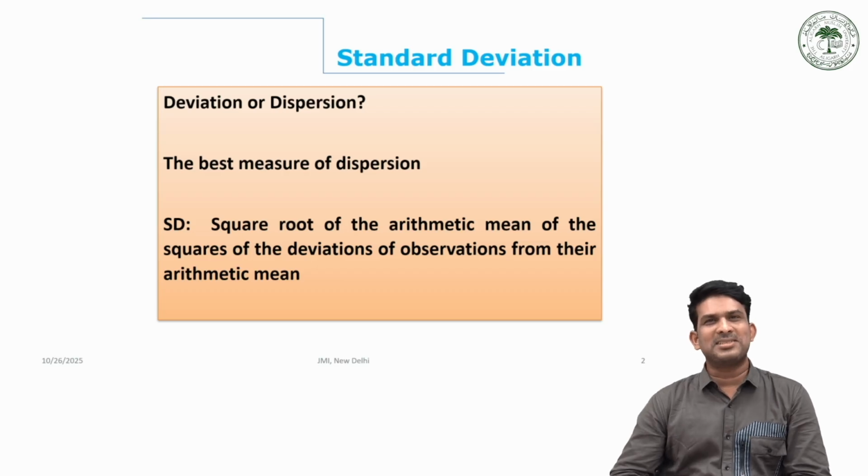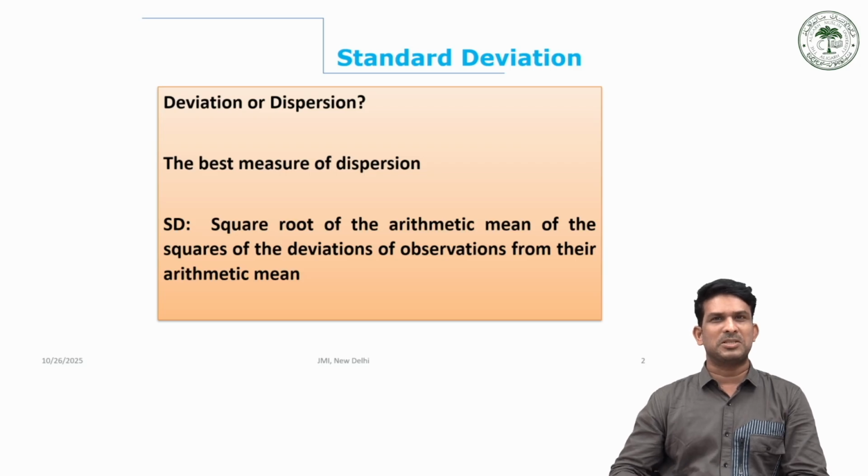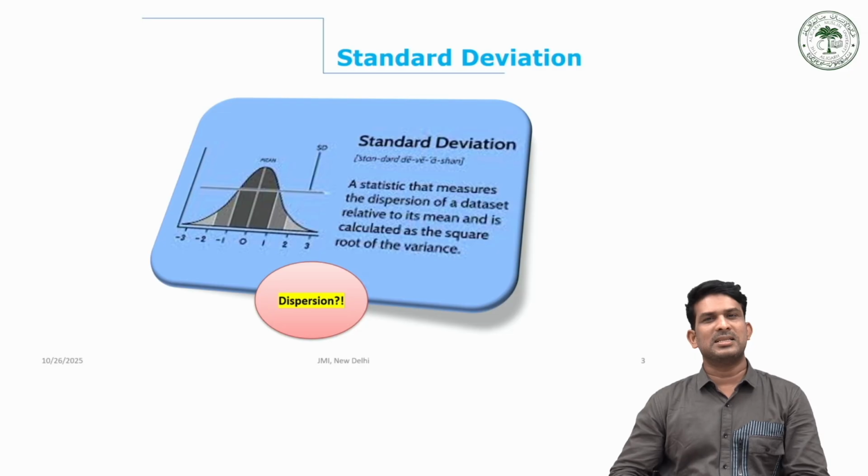How do we define standard deviation? It's a layman's definition: square root of arithmetic mean of squares of deviations of observations from their arithmetic mean. It's very clear what is standard deviation. See, this is another definition.